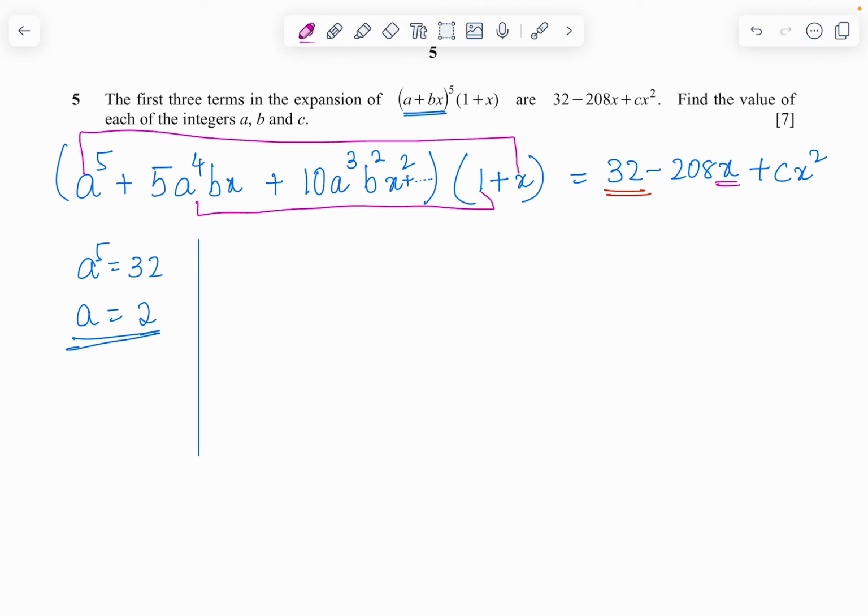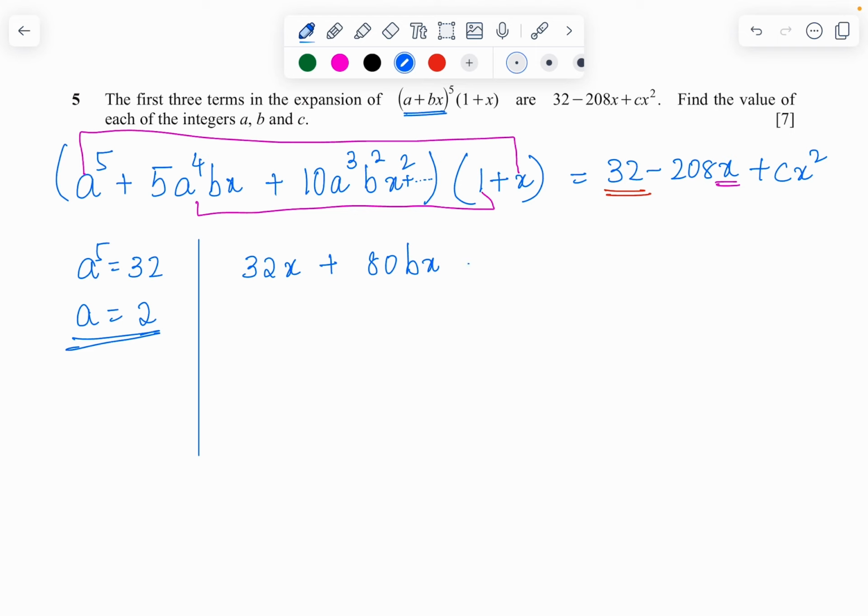So I will write a^5, which means 32. We know a^5 is 32. 32 times x plus 5 times a^4. a^4 is 16. So 5 times 16 is 80, bx times 1.